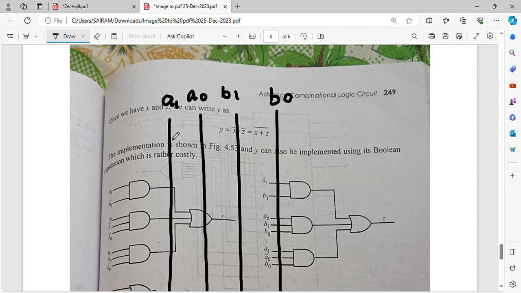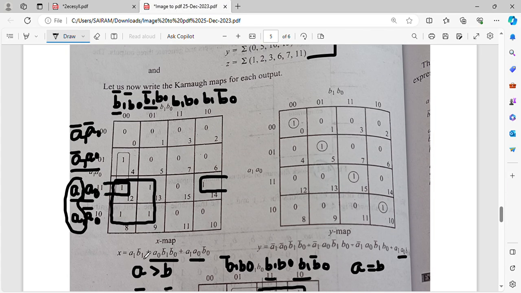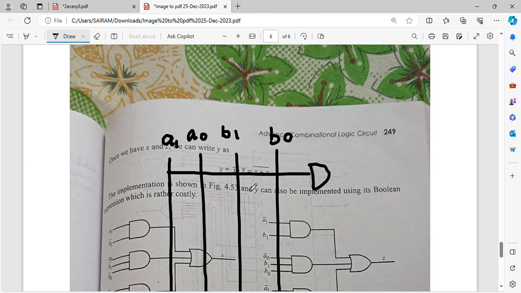So how do you take them? See here, here it is A1 B1 bar, yes. So that is B1 bar, where is it here? And here it is A0 B1 B0, B1 bar B0 bar, right?